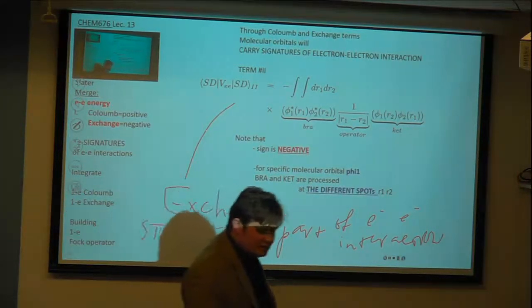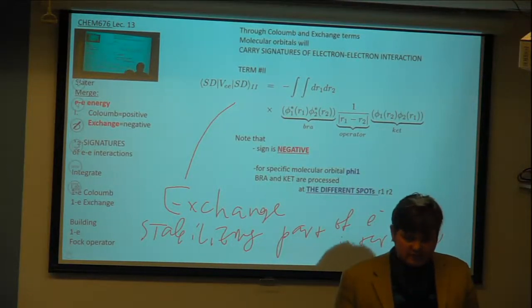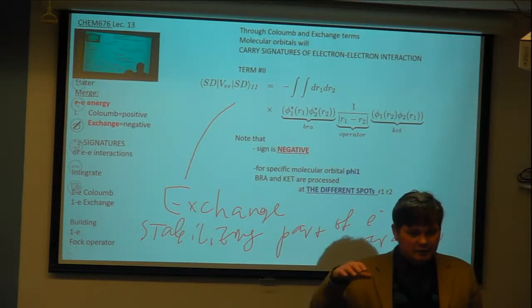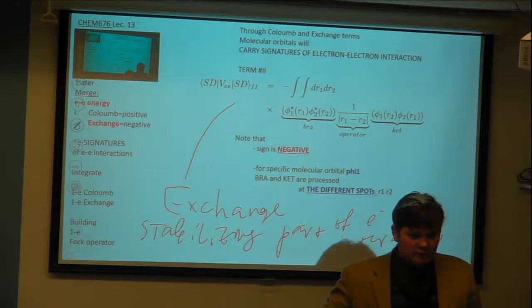So this is the main difference in Hartree-Fock. The Hartree theory has everything as in Hartree-Fock, but it doesn't have this exchange term. Therefore, in predicting properties of real molecules, it gave too high energies. They were unstable. And if you include this term, they are more stabilized and more correct.